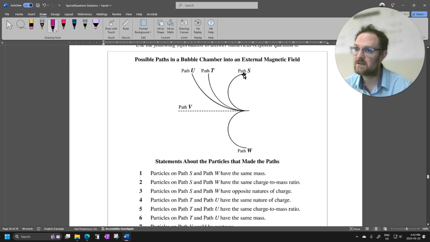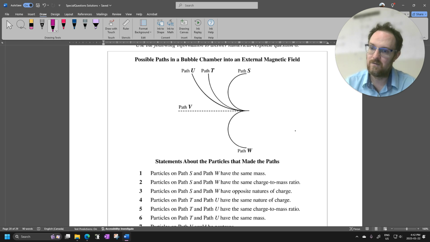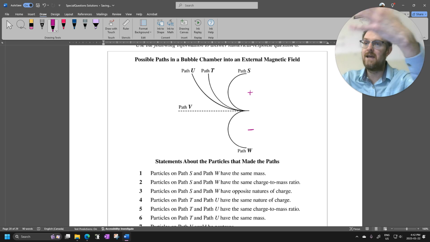Because there's more positive charges out there. Protons, alpha particles, positrons, right? So those are the kind of things you could have, but electrons are our negatives, right? Not too many negative things out there. So most likely, this will be our negative and this will be our positive, just because of how many there are, right?